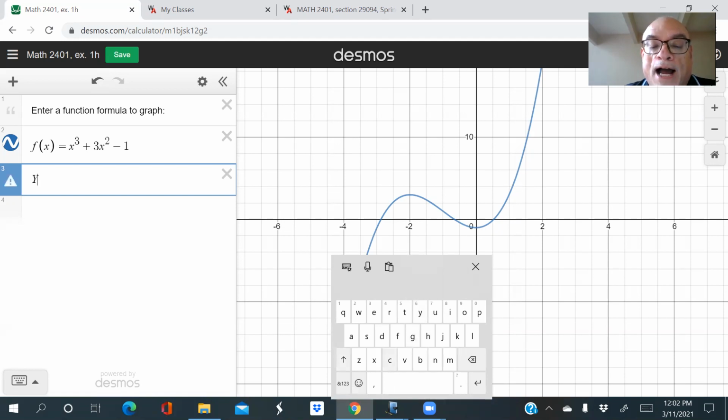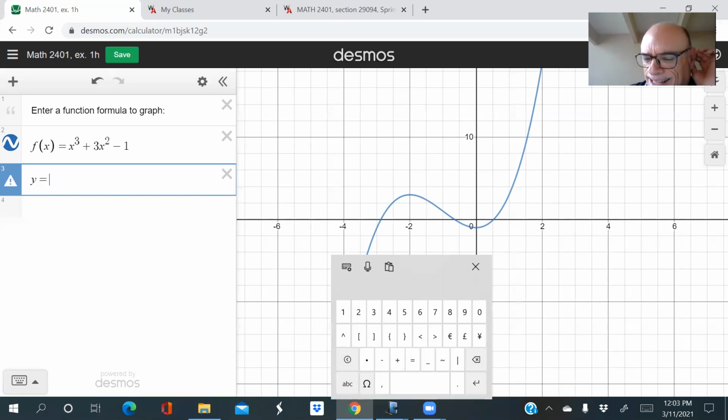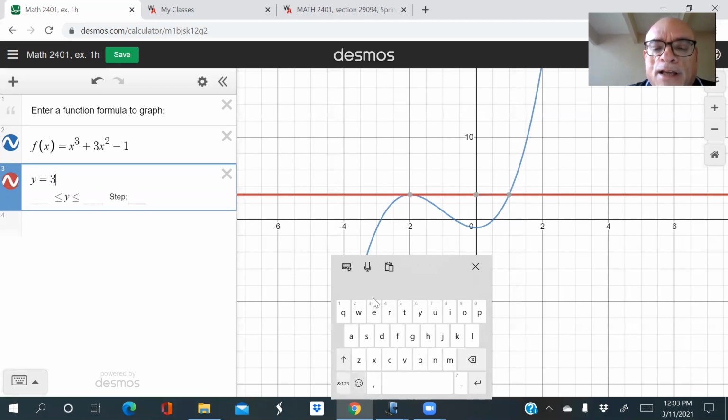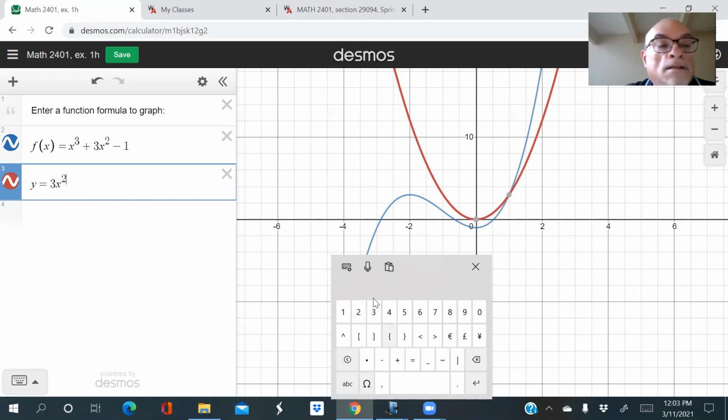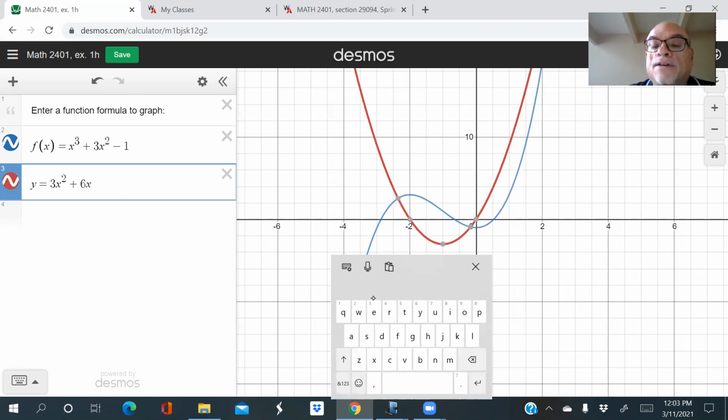So y equals, what was that derivative? 3x squared plus 6x, right? 3x squared plus 6x. So there it is, okay?